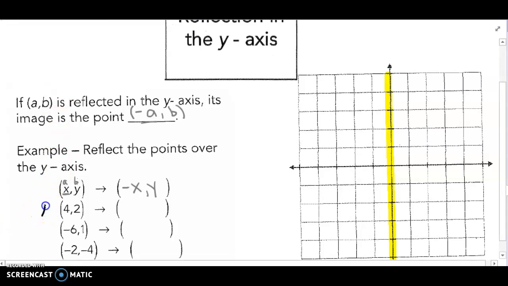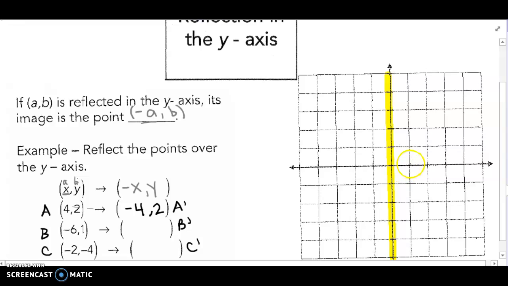Okay, I'm going to go ahead and label these points A, B, and C, A prime, B prime, and C prime. Okay, so my 4, 2, if I'm going to use this rule, my first coordinate becomes a negative. So that would be negative 4. My second coordinate doesn't change, so it would be negative 4, 2.